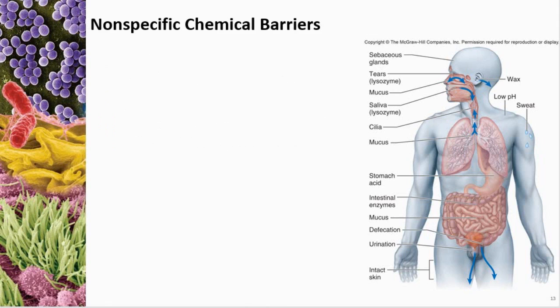So that brings us then to chemical barriers. These are non-specific, meaning they're just there and they compete with whatever they happen to be effective against. So sebaceous secretions, which are from the sebaceous glands on your skin, remember the secretions are called sebum.